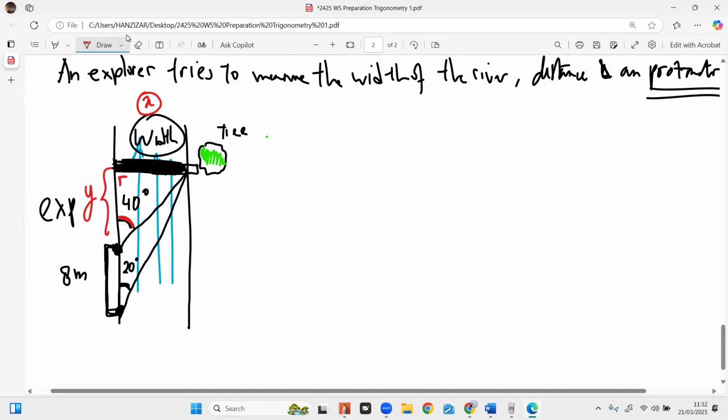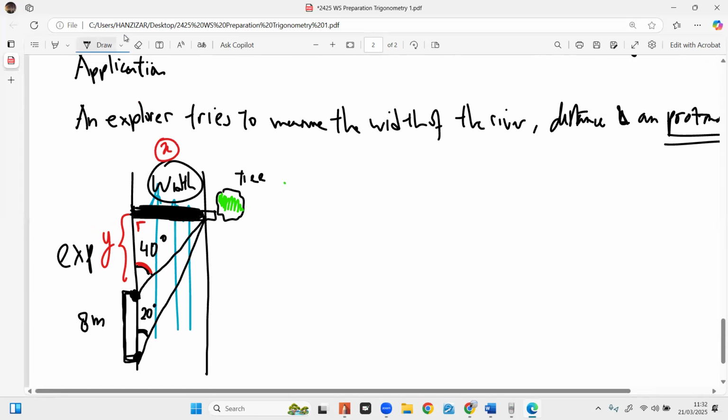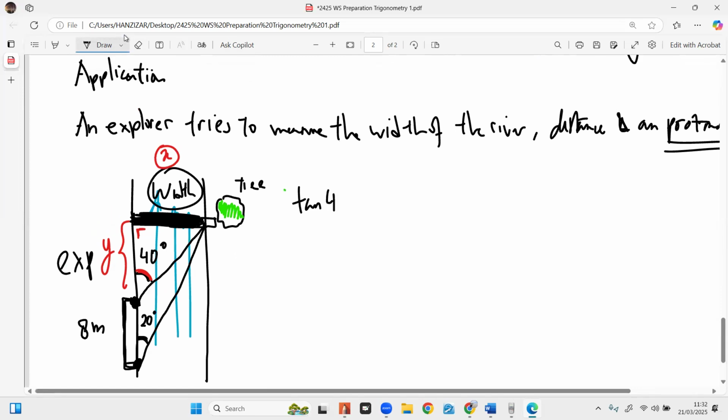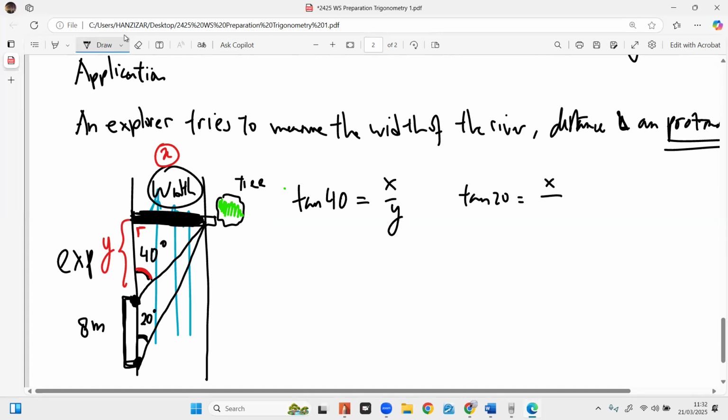This is 90 degrees. Tan 40 is opposite over adjacent, which is x over y. And tan 20: what is the opposite? Still x. And what is the adjacent? y plus 8.